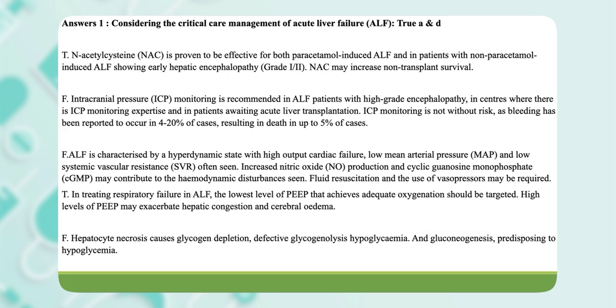So if INR is more than 3.5, or persistently more than 4, and pH is less than 7.30, or you have grade 3 or grade 4 encephalopathy, then if it is a case of acetaminophen poisoning, you have to think about hepatic transplant.